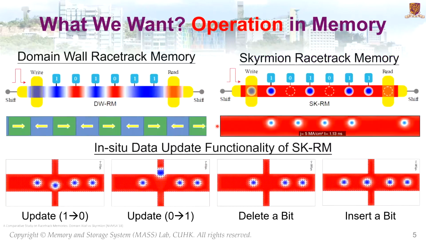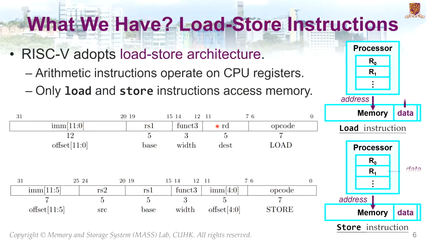Even though a bunch of excellent research has been proposed, the fact is that what we have in our current ecosystem is only the load-store architecture to access memory. For example, RISC-V also adopts the load-store architecture.